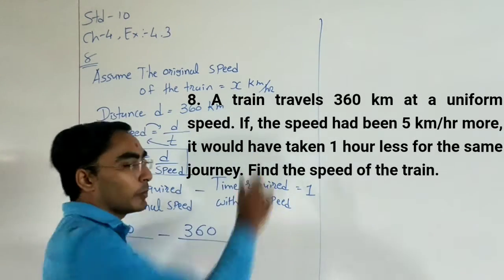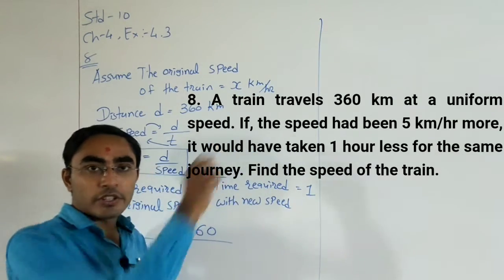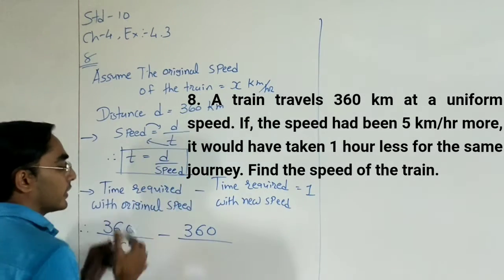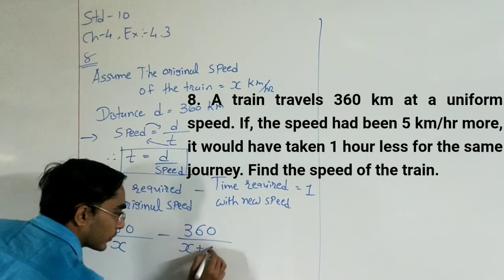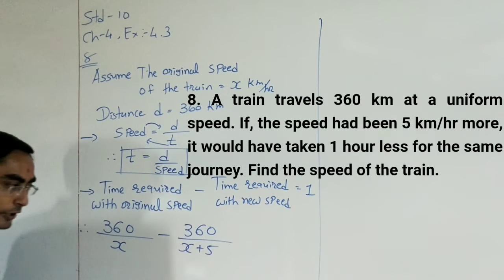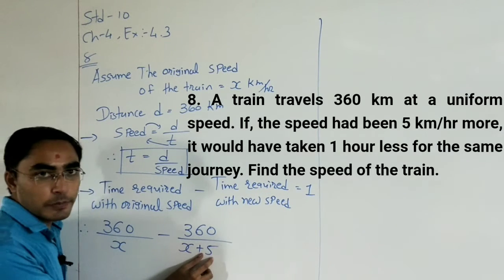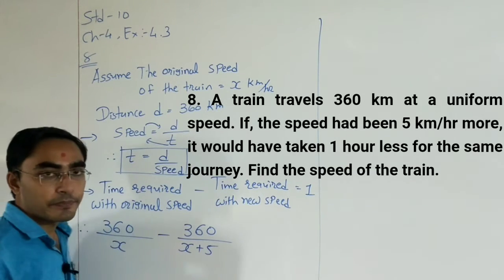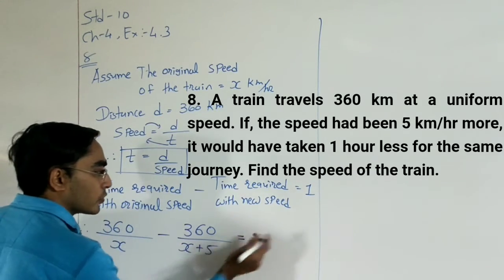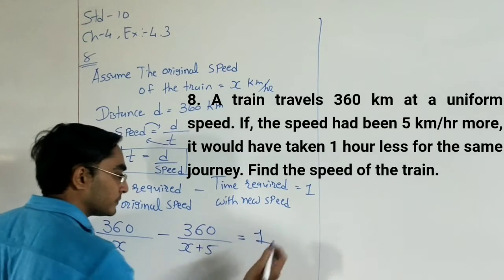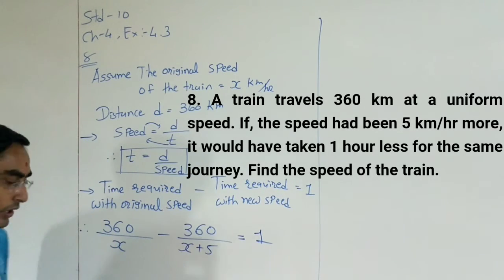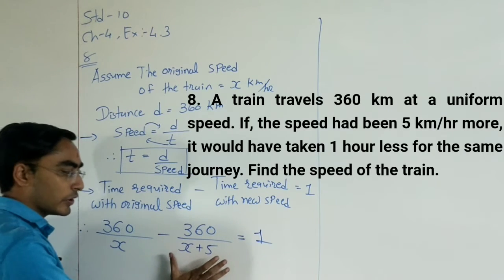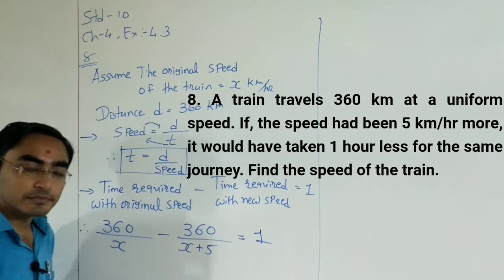This is x kilometer per hour, and we need to increase it by 5, so we add x plus 5. This is our new speed, is equal to the difference, which is 1 hour. So time required with original speed minus time required with new speed is equal to 1 hour.